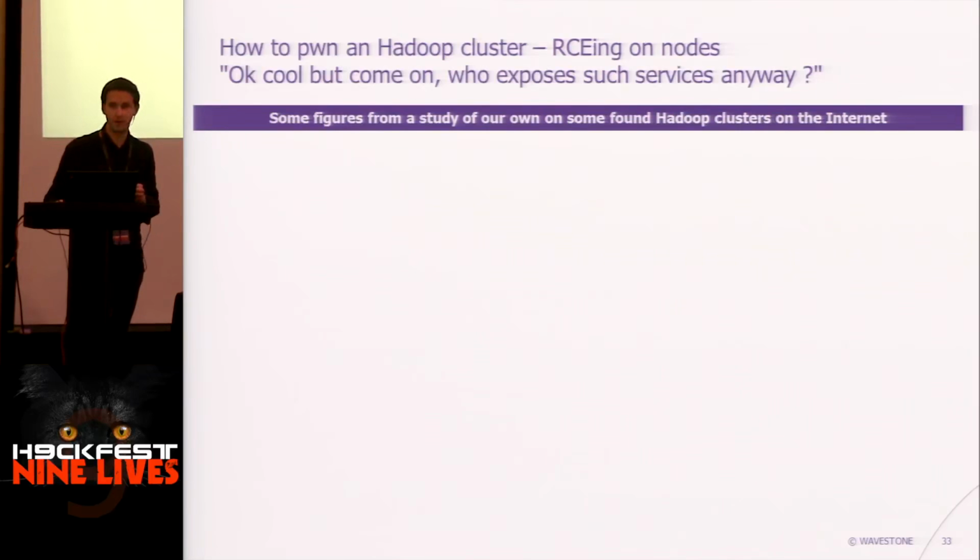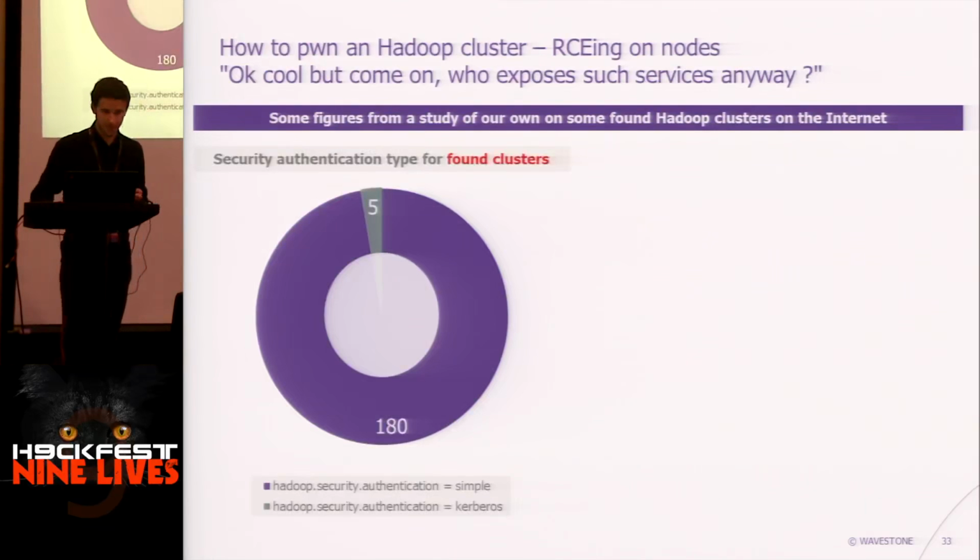What do I mean by freely accessible? I mean that I can retrieve any data on them and execute anything I want on them. Among the 185 clusters found on the internet, in a really quick scan, the quickest scan ever, you can see the security authentication.